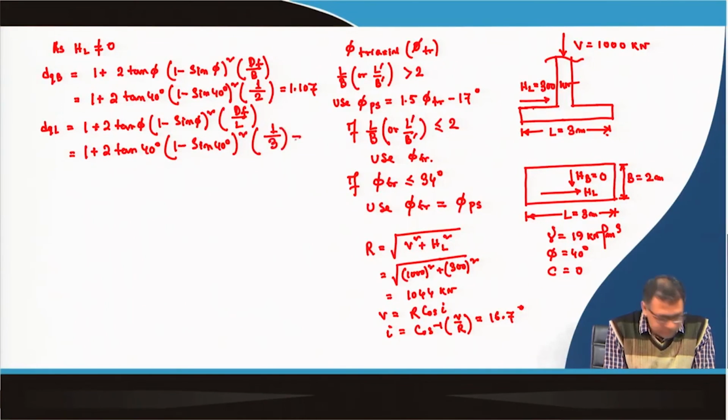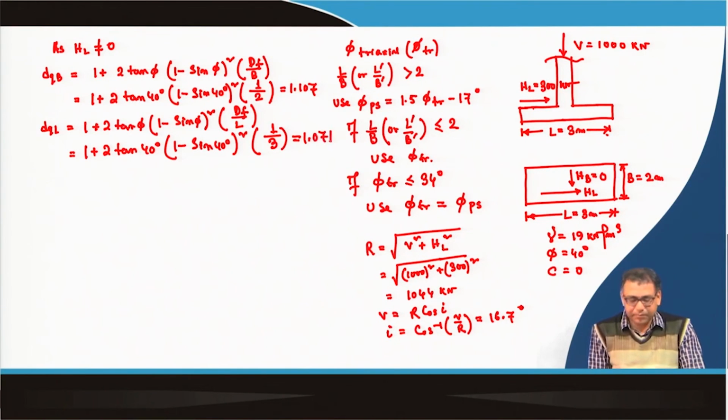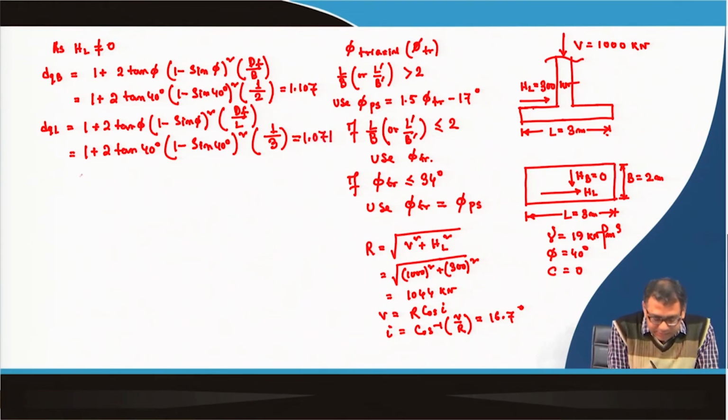So that value is 1.071, and as per Hansen, d gamma B and d gamma L are both 1.